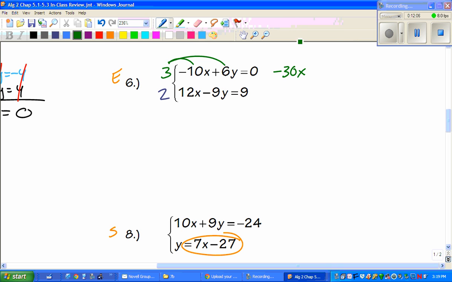So -30x plus 18y equals 0. 24x minus 18y equals 18.